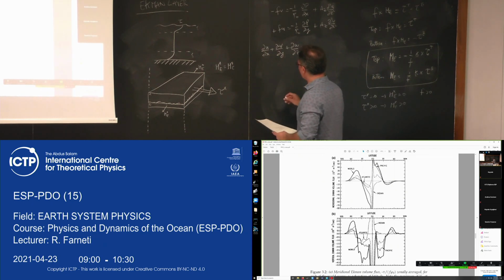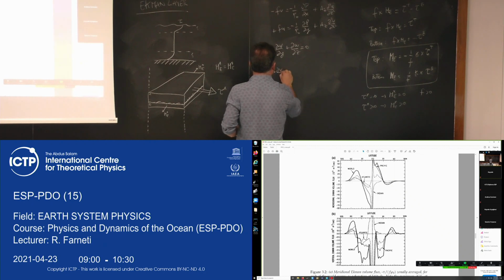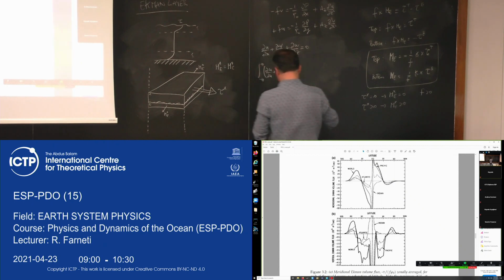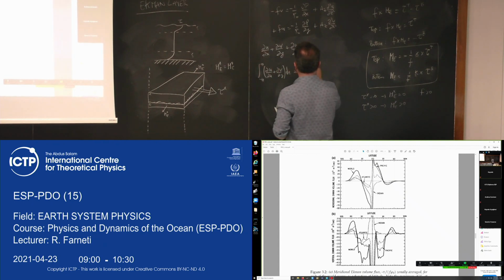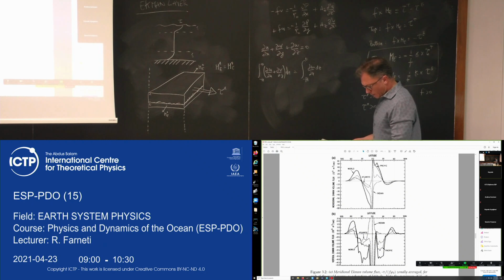If you integrate the continuity equation within the Ekman layer, we integrate the continuity equation within the Ekman layer.